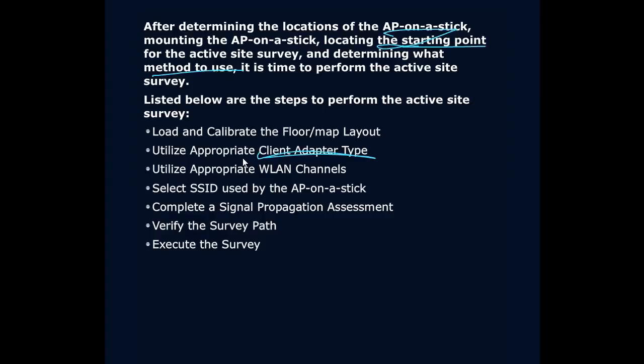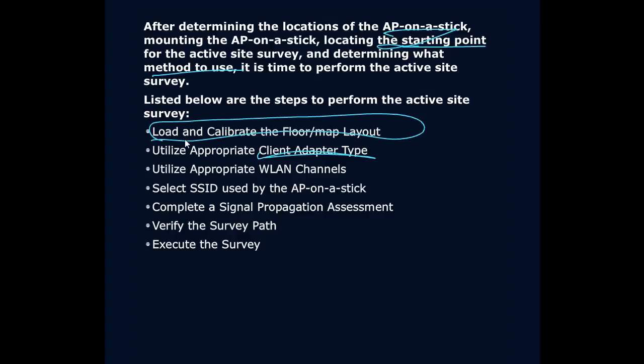If they are significantly off, if your laptop has a significantly better antenna than what's going to be deployed, it doesn't matter what the site survey says because they're not going to see the same performance. So try to use, as close as you can, the same adapter type. We're going to load and calibrate the floor map or layout as we do this.